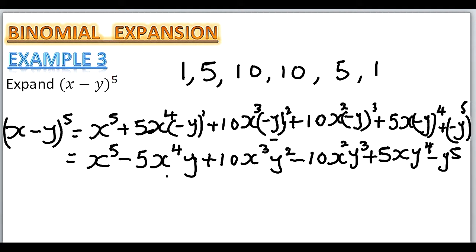So note that when one of the terms is negative, then the signs keep on alternating. That is, here we have negative, here we have positive, negative, positive, negative. So when one of the terms is negative, the sign keeps on alternating from negative to positive, or positive to negative.